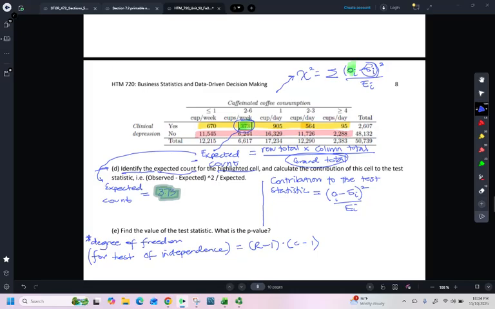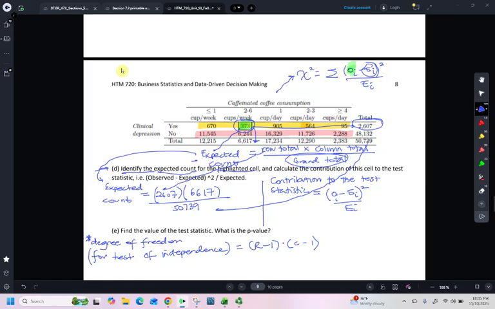We want to look at your 373 and we want to look at the row total. That is 2607. So that is 2607 multiplied by the column total. For that cell, the column total was 6617, all over the grand total, which is 50739.